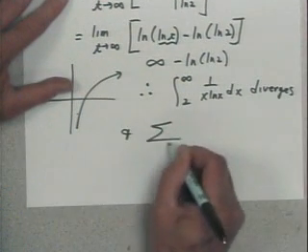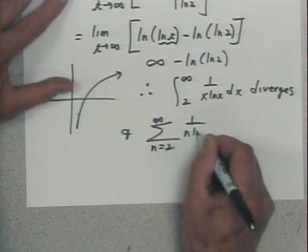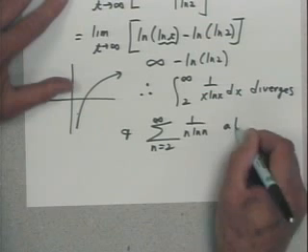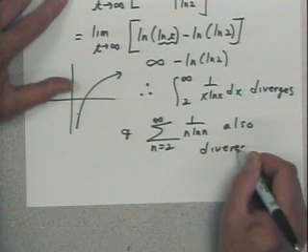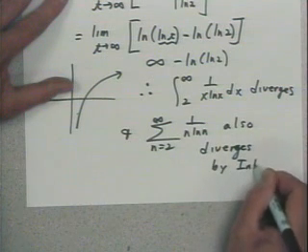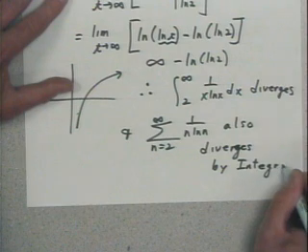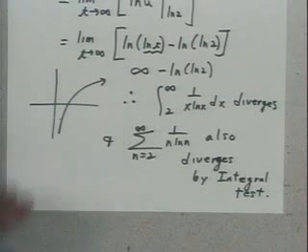And the series n running from 2 to infinity of 1 over n natural log of n also diverges, and that's by the integral test. Does that answer your question?